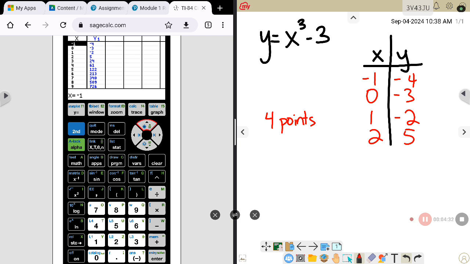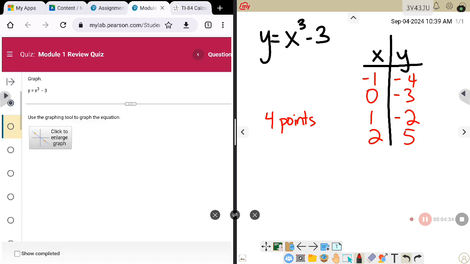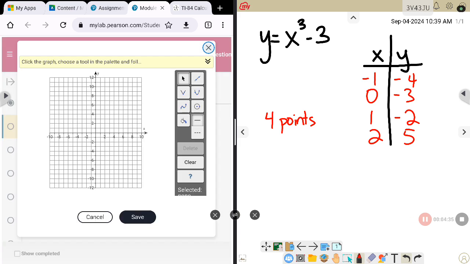So let's go back to our homework, click to enlarge the graph, and we want to use that cube shape and then plot these points. So my first point is at negative 1, negative 4. So to the left 1, down 4. My next one is at 0, negative 3.